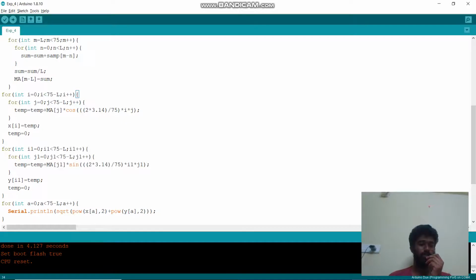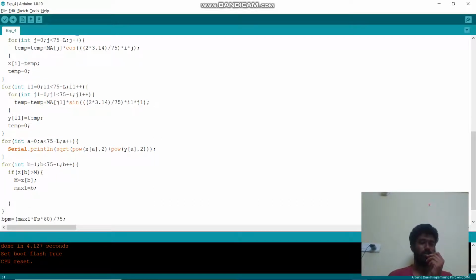And then we will be taking the square root of the squares of the real part and the imaginary part. So this is the magnitude response. Now let us plot the magnitude response.